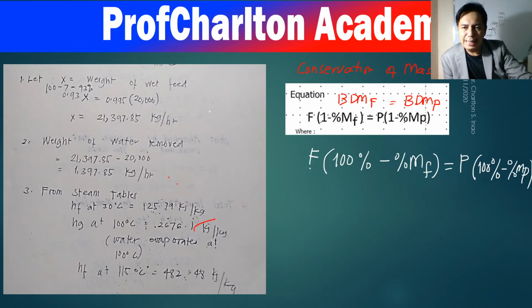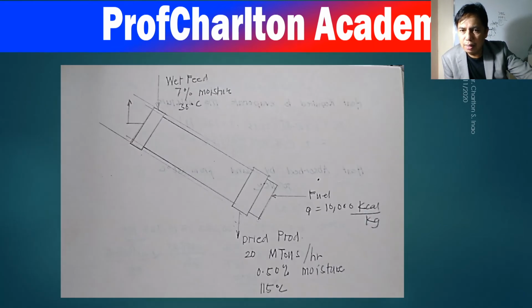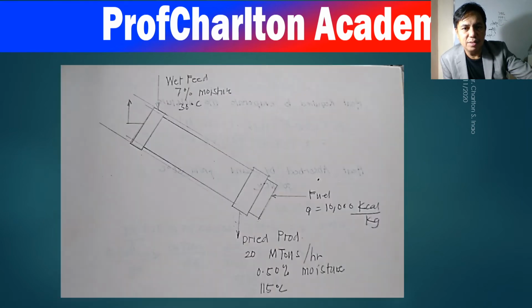So what is being asked is the mass flow rate at the feed. Let me go back quickly to the question. Calculate the weight or the mass in kilograms of wet feed per hour. So it's a wet feed now. What is the kilogram per hour of the wet feed?